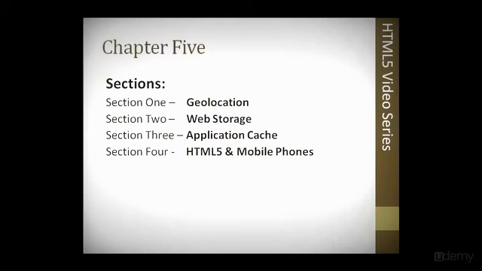If you wanted to put a welcome message like "Welcome Bob" at the top of the website, it could get the user's name and then display it. And then we're going to learn about application cache, which is all about offline-able pages, so we can cache our sites and pages so that people can access them even without an internet connection.